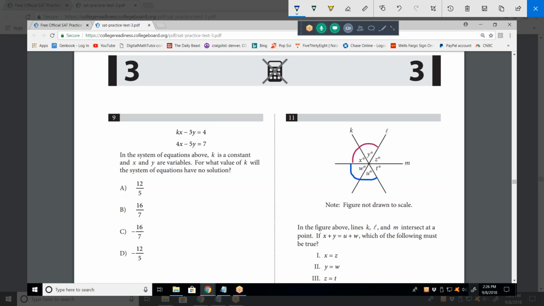What can you determine from that? First of all, tell me if there's any relationships between x, y, u, and w that you already know. U and Y are vertex angles. Correct. So y is equal to u for sure.